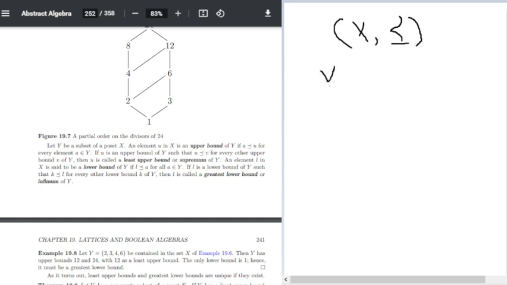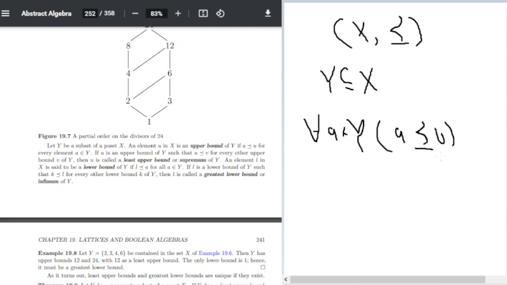So let Y be a subset of X. An element u in X is an upper bound of Y if a is less than or equal to u for every a in Y. So if for all a in Y we have that a is less than or equal to u, then u is an upper bound for Y.